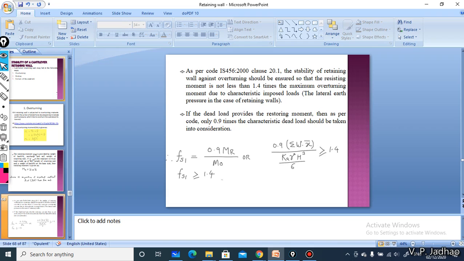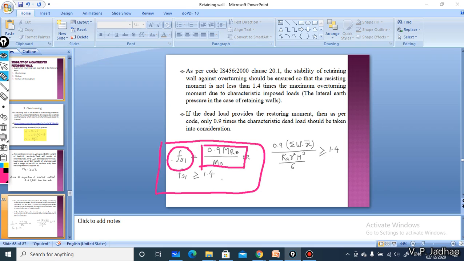This is the formula which is used for calculating the factor of safety for overturning, that is FS1. We consider FS1, the factor of safety against overturning, equal to 0.9 Mr divided by Mo, where Mr is the resisting moment and Mo is the overturning moment. And this factor of safety should be more than 1.4.